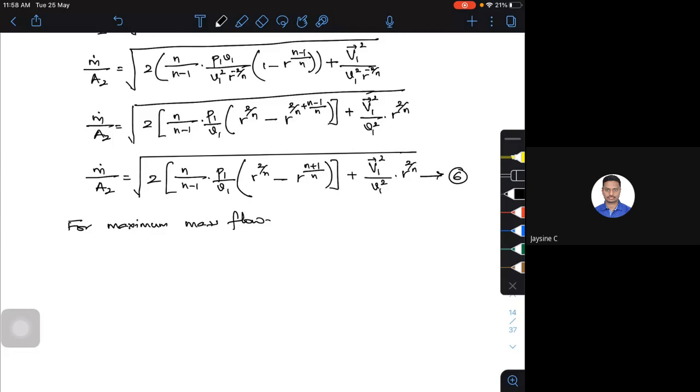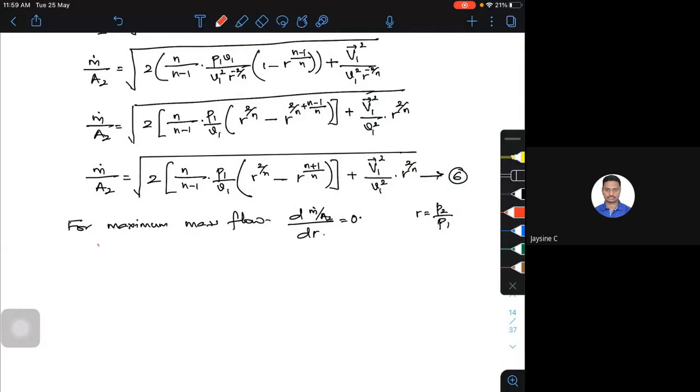I should differentiate dm dot by dA2, with respect to what? With respect to your pressure ratio, where r is equal to p2 by p1, and equate it to 0. If I'm able to do this, I'll get the critical condition. Let me write it.